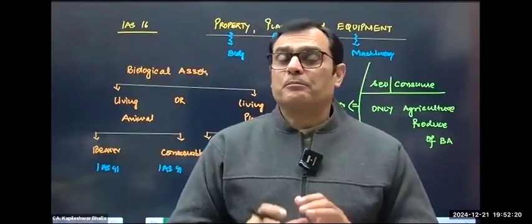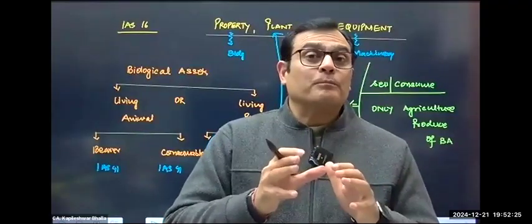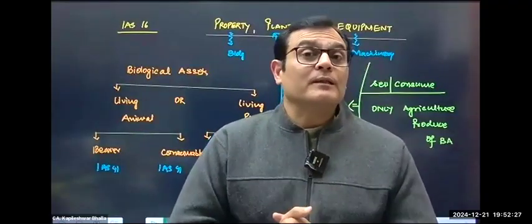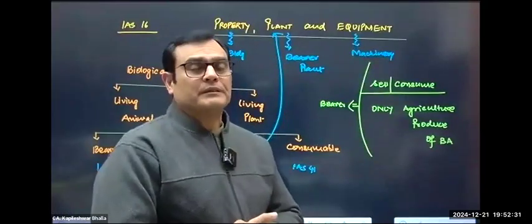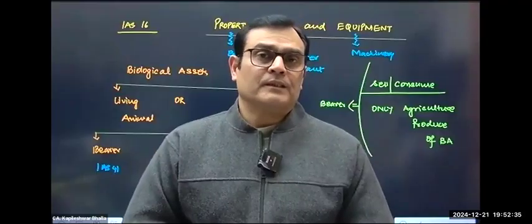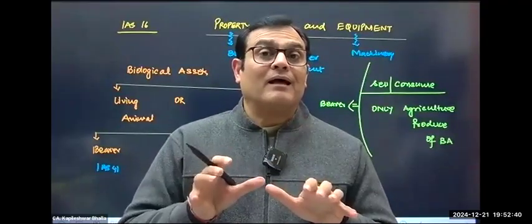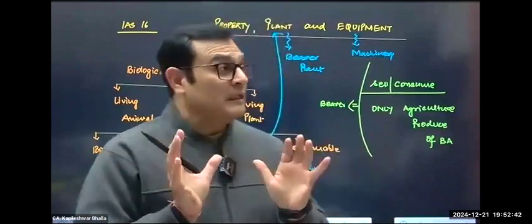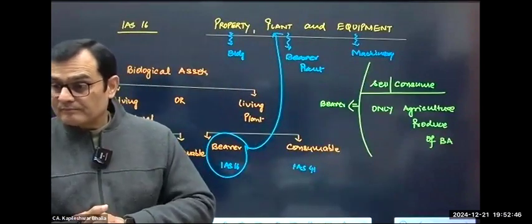Property is supposed to be a building, equipment is machinery, and plant is a plant. Of course, many people call plant and equipment, that's like plant and machinery. But this plant technically also includes a bearer plant. So when I say PPE, technically it's property, plant, and equipment. I hope I am clear with the funda, right?